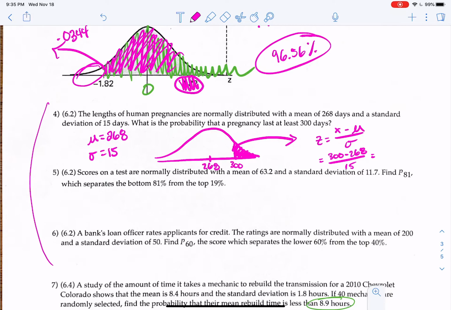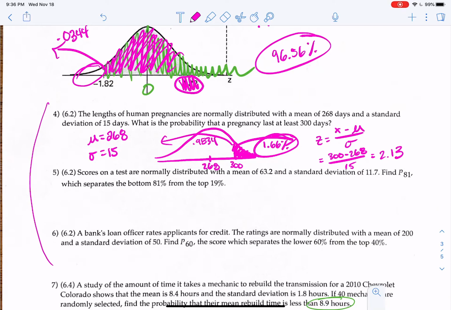That's 2.13 rounded. If I look that up on my positive table, 2.13 is 0.9834. But that's from here this way. So 1.66% is what that's going to be to the right side of that.